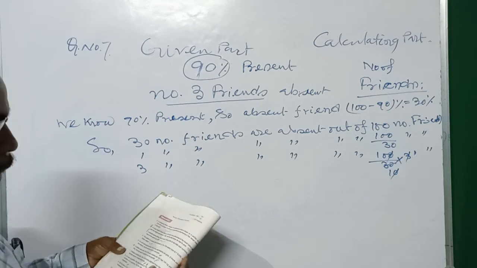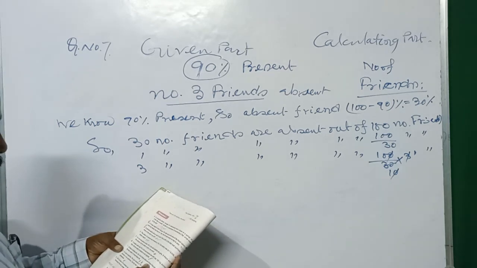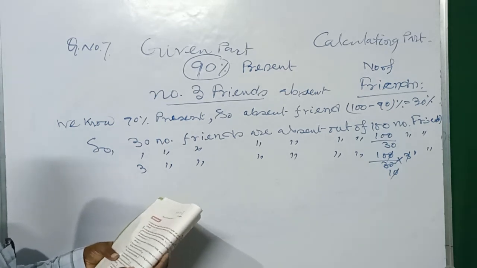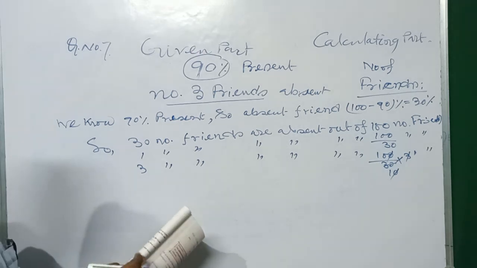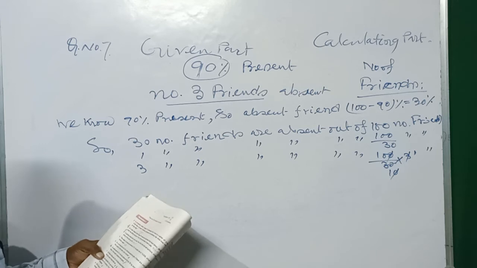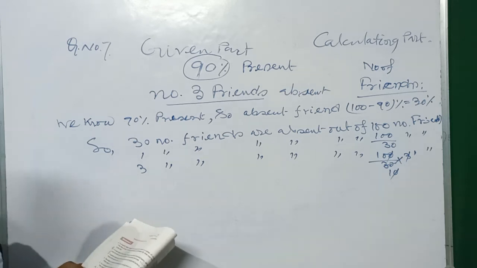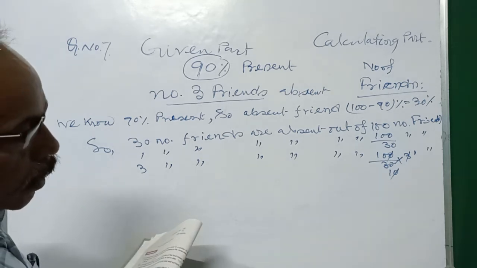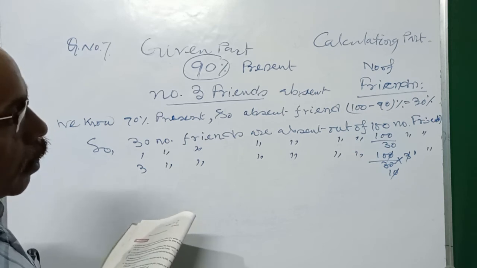Sorry. Absent 7 total, and 3 friends are not come. Yes, 3 number of friends. Rohan, yes, 3 number of friends is absent.